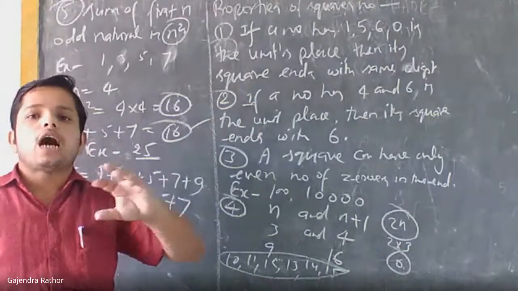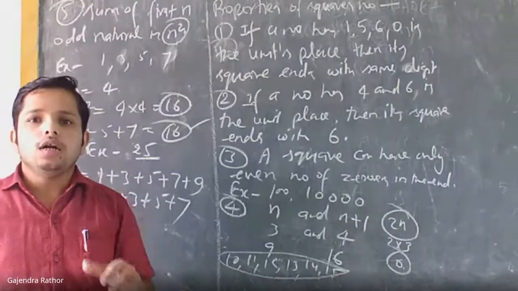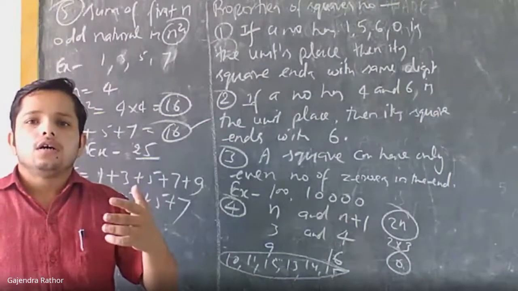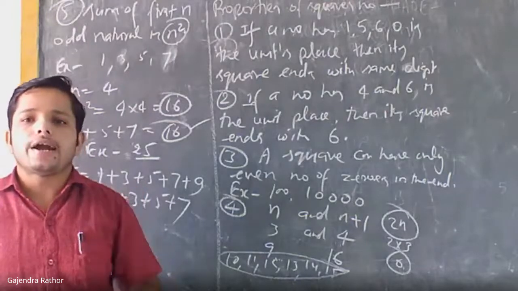We will just count how many natural numbers there are. Then we just find the square of that count.